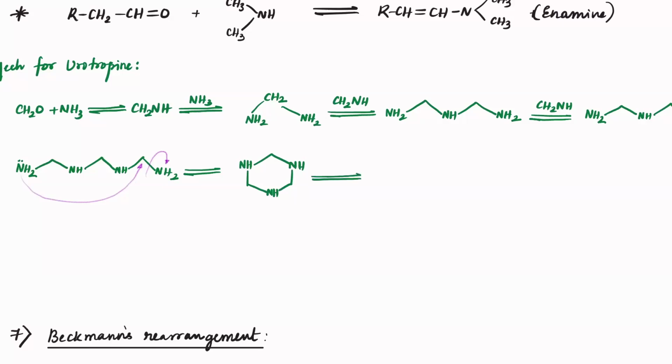And let it react again with CH2NH, one more mole here. And as it reacts on this side, NH, NH here, NH here, like this. And this N will convert into NH2, again NH2 here.